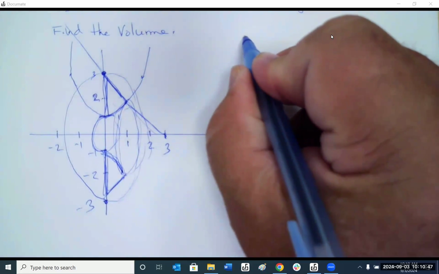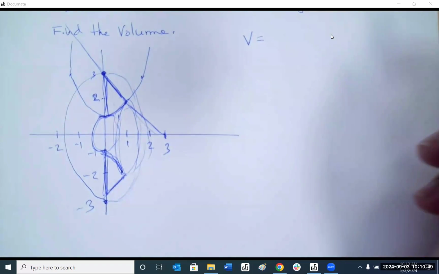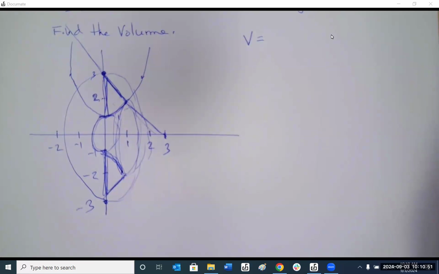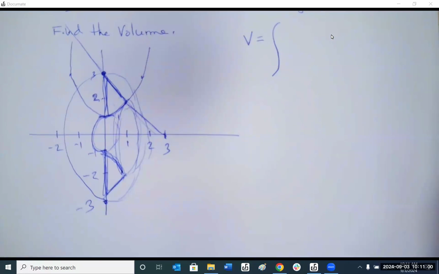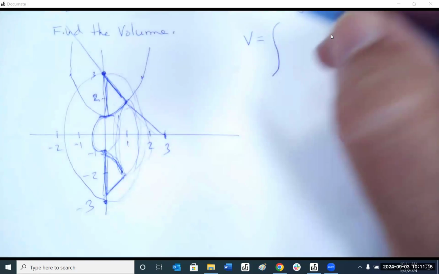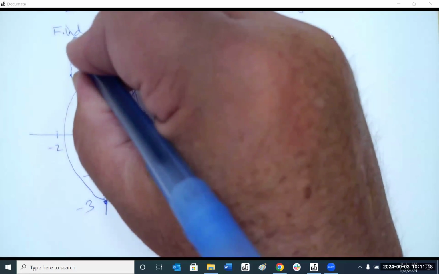All right, so now we're going to find the volume. What are our bounds of integration? From where to where? Actually, since it doesn't specify, we can go all the way up here.